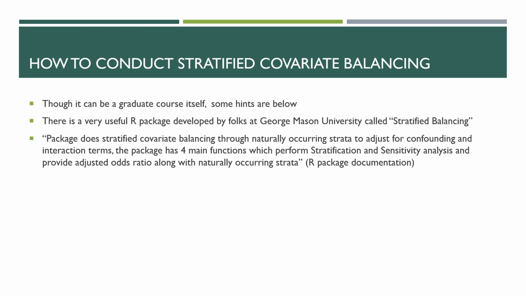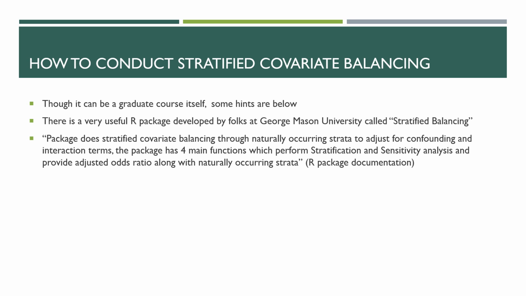How to conduct stratified covariate balancing. Though it can be a graduate course itself, some hints are below. Firstly, there's a very useful R package developed by folks at George Mason University. It's called the stratified balancing package. The authors provide a very good introduction in the R package documentation, which reads: the package does stratified covariate balancing through naturally occurring strata to adjust for confounding and interaction terms.